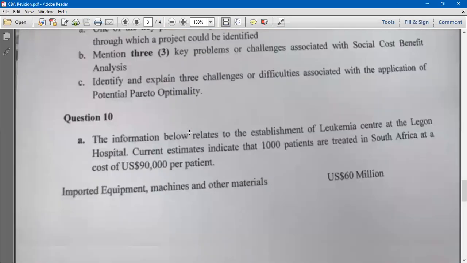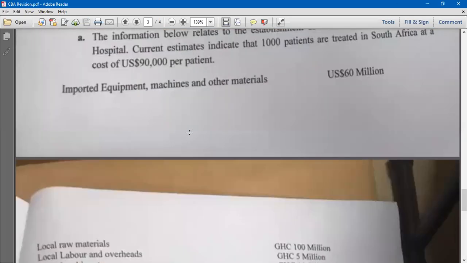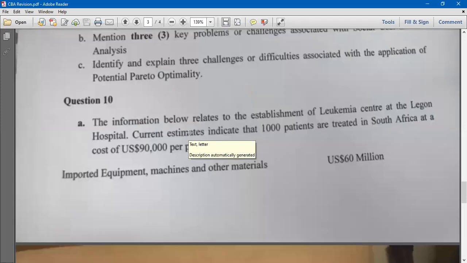All right, let's look at number 10, the domestic cost ratio. The information below relates to the establishment of a leukemia center at the Legon Hospital. Current estimates indicate that 1,000 patients are treated in South Africa at a cost of $90,000 per patient. The imported equipment, machines, and other raw materials cost 60 million.